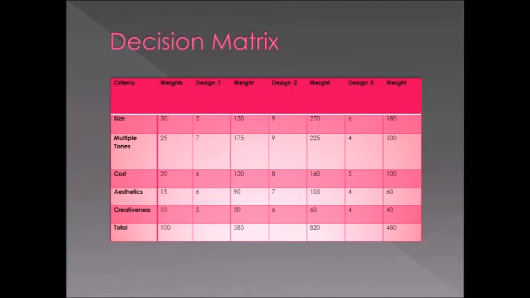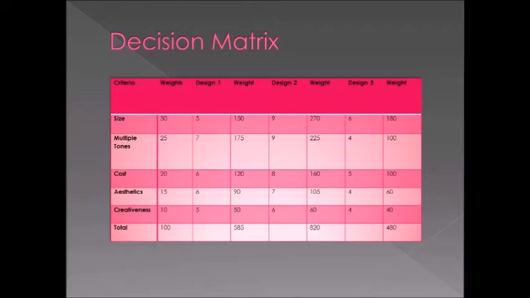In regards to the decision matrix, it is very interesting because every team member came up with 3 different great designs before selecting the proposed design we were looking for and the client was looking for. Based on that criteria, we're talking about size of the instrument, ability to play multiple notes, cost, aesthetics, and creativity.